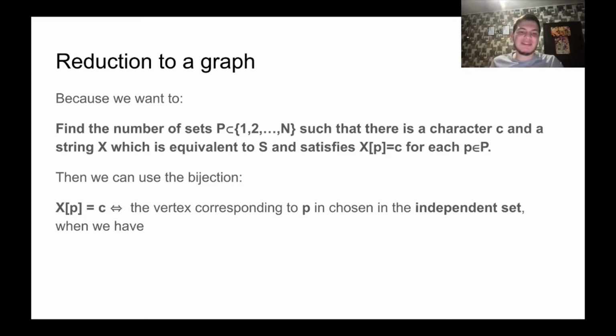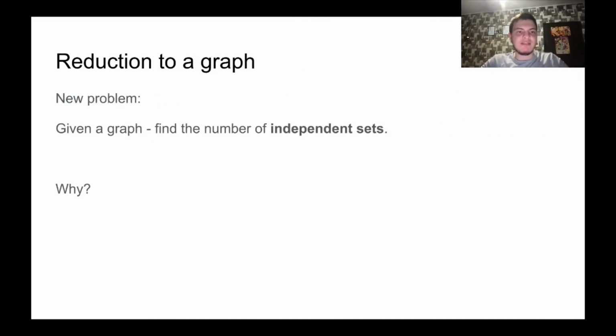Then it will be equivalent if we count the independent sets or if we count the first part. So that's pretty much the first part of the reduction. And now we basically have this problem: given a graph, find the number of independent sets.